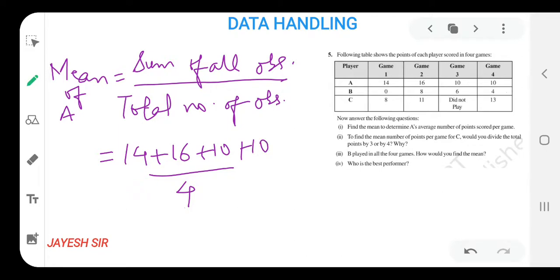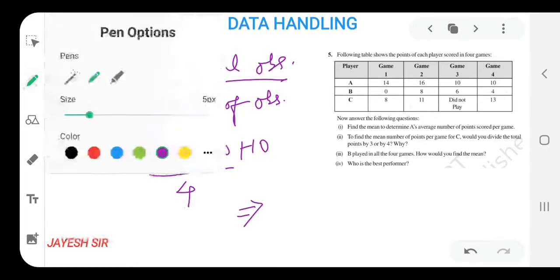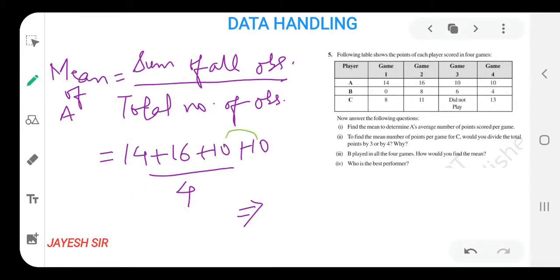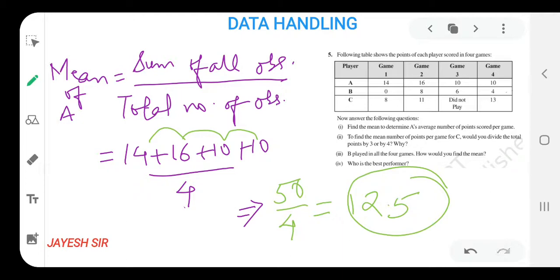So we find the total: 10 plus 10 is 20, 20 plus 16 is 36, 36 plus 14 will result in 50, and the total number of games is 4. So the mean for A is 12.5 points. 12.5 is the mean for player A. I hope you all might be getting it.